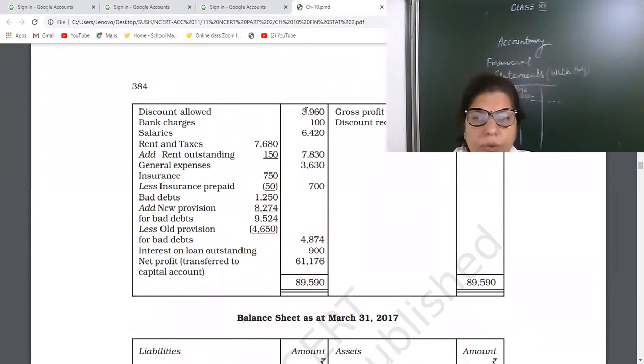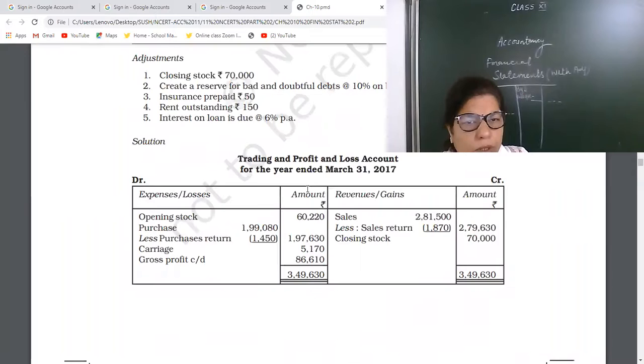Now see the debit side. Discount allowed, bank charges, salaries, without adjustment, write directly in the outer column. Very good. Now rent and tax is 7680 and outstanding rent should be added. See the inner column and outer column, and total rent is 7830. I am going to tell you again.